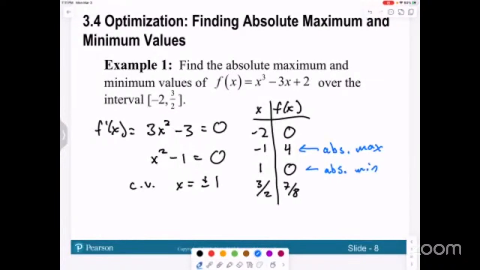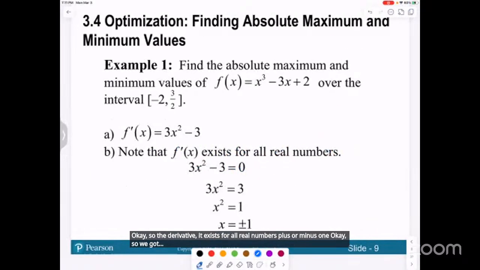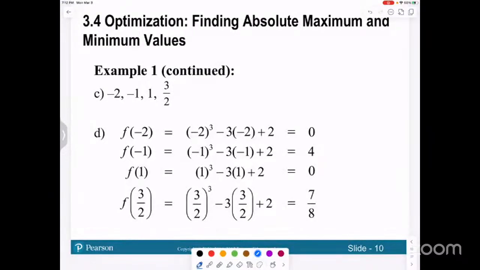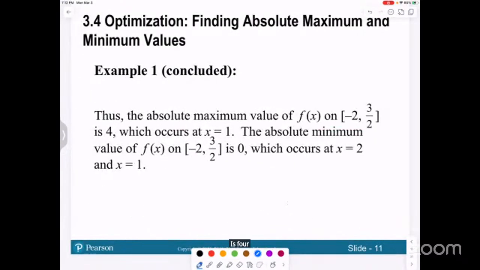Okay, I'm just going to wrap it up because we're out of time. The derivative exists for all real numbers, plus or minus 1. So we have those values. The absolute max on that closed interval is 4, when x is 1, so 1 comma 4 was the absolute max. 1 or negative 1?